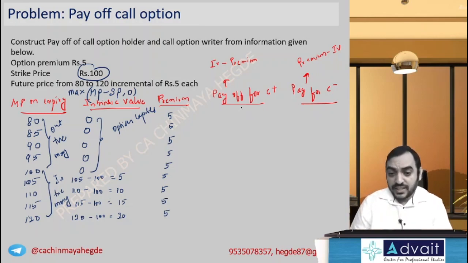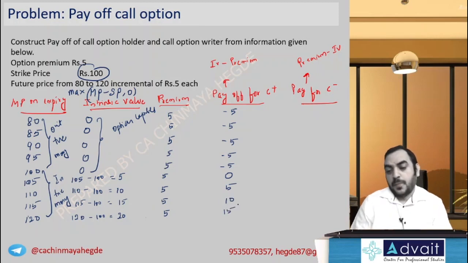So 0 minus 5, minus 5. Again 0 minus 5, minus 5, and so on. Then 5 minus 5, 0. 10 minus 5, 5. 15 minus 5, 10. 20 minus 5, 15.